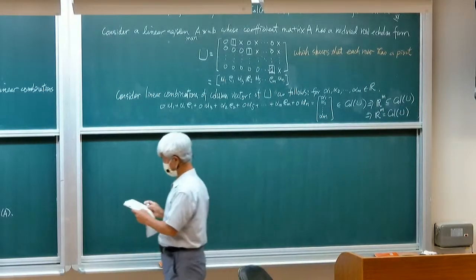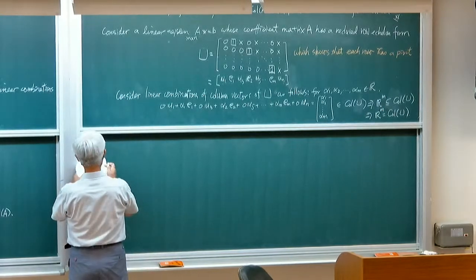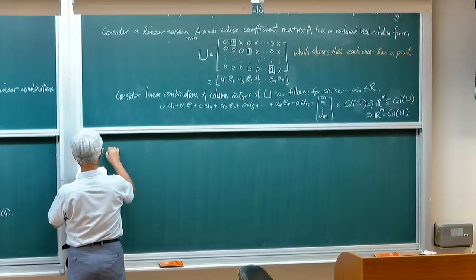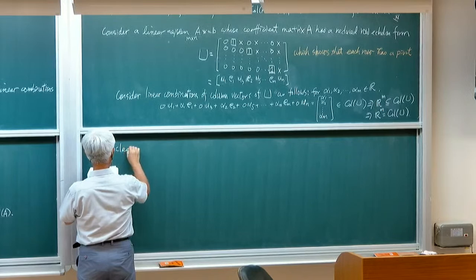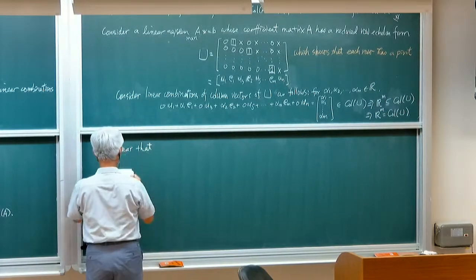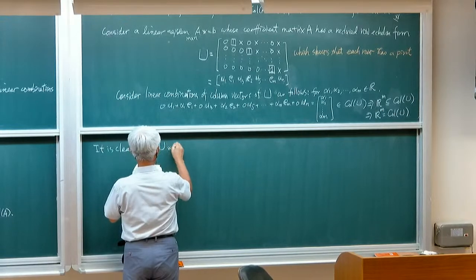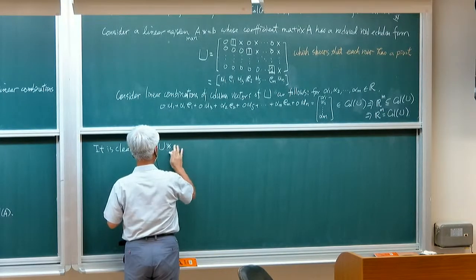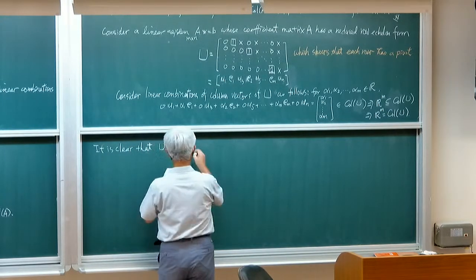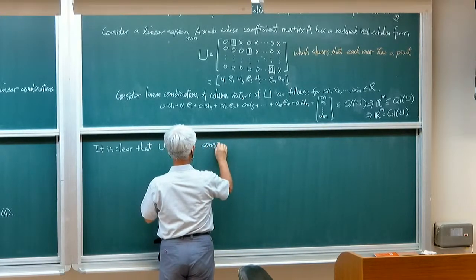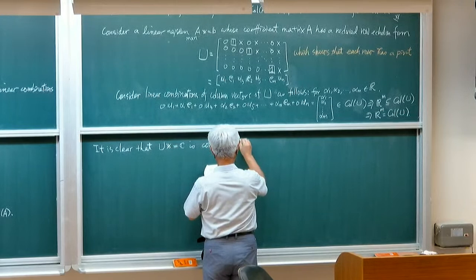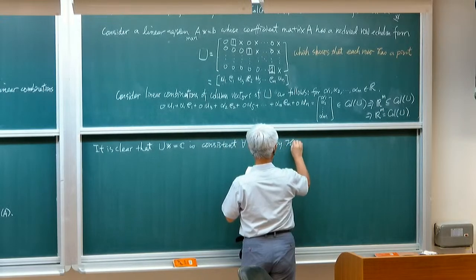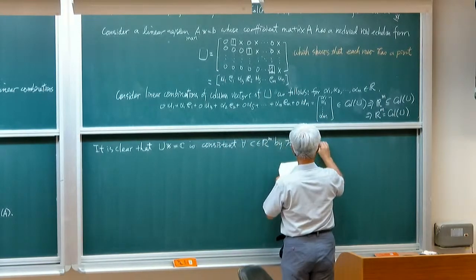Now we consider, maybe I give you the conclusion so quick. So now it is clear that Ux equal to C is consistent for all C in Rm by theorem 1.2.3.